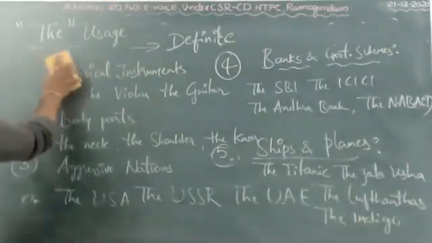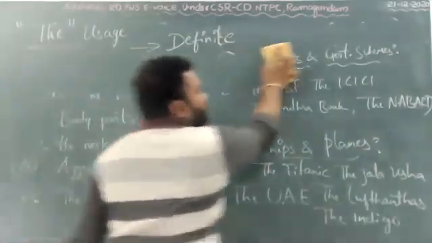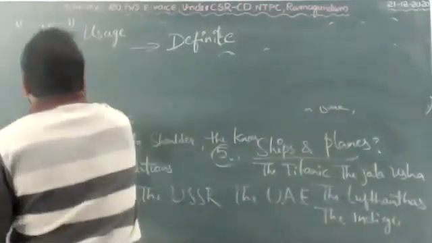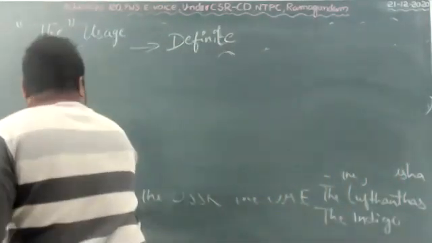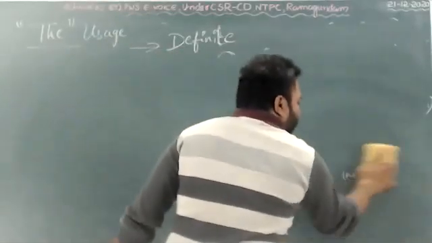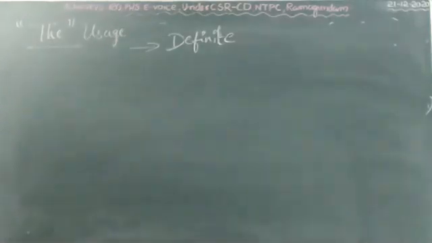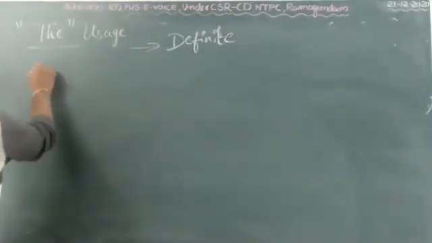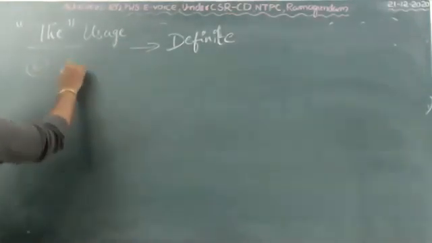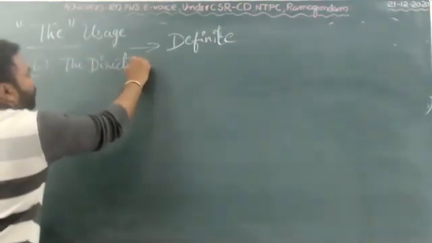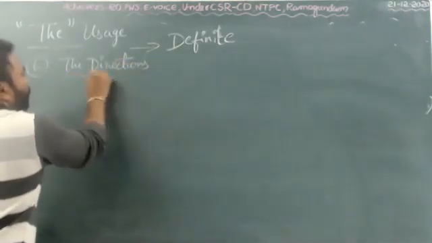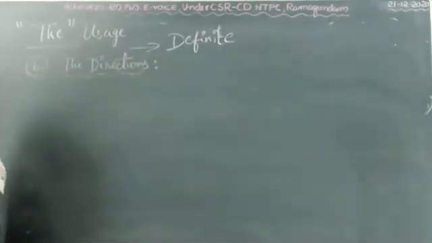Next, like 5 usages, 5 places. Now next we got to see more. Sixth one, before the directions. What directions do we have? What directions, students?